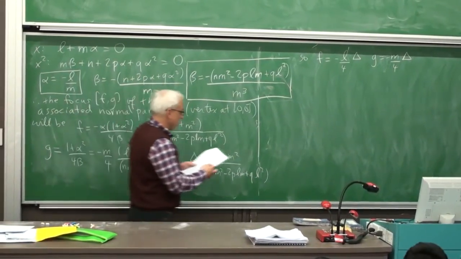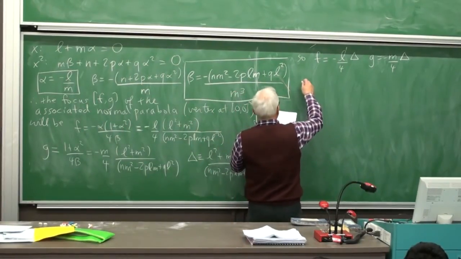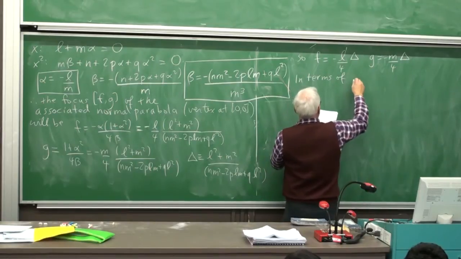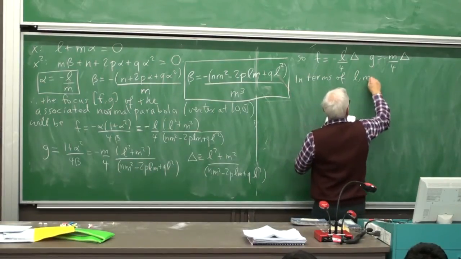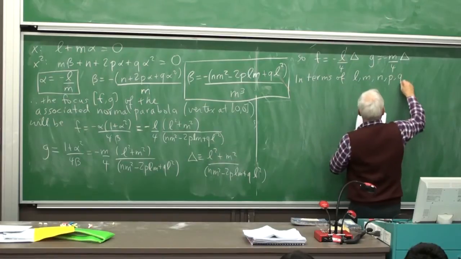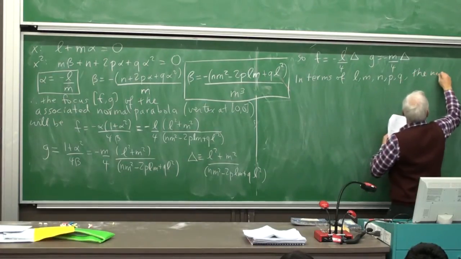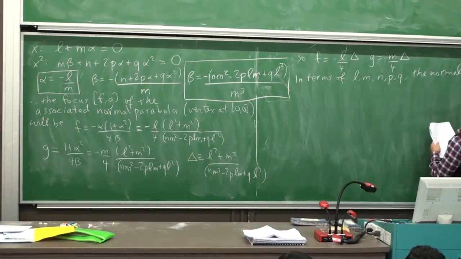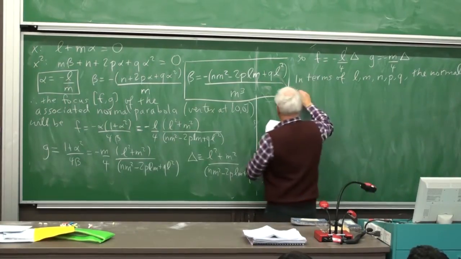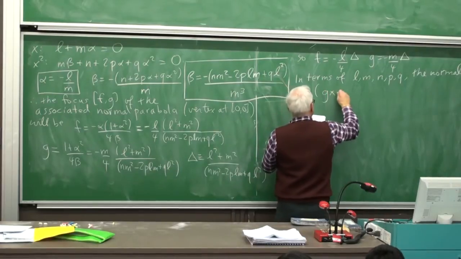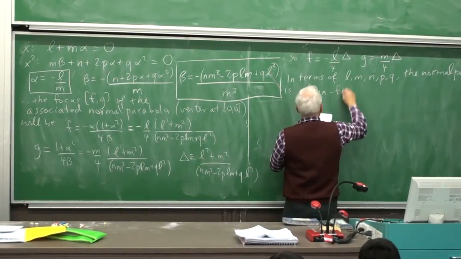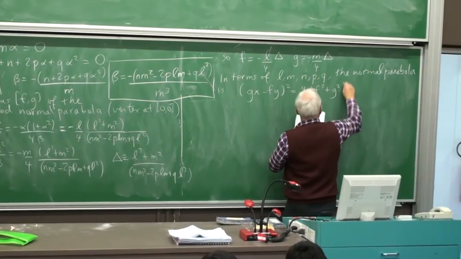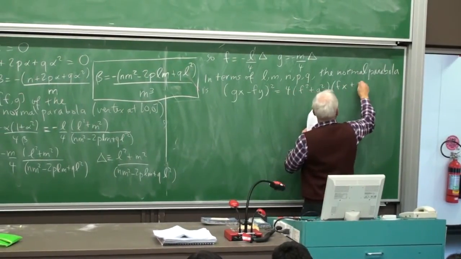Okay, so in terms of L, M, N, P, and Q, the normal parabola is, okay, its expression is (gx minus fy) all squared equals 4(f squared plus g squared) times (fx plus gy).